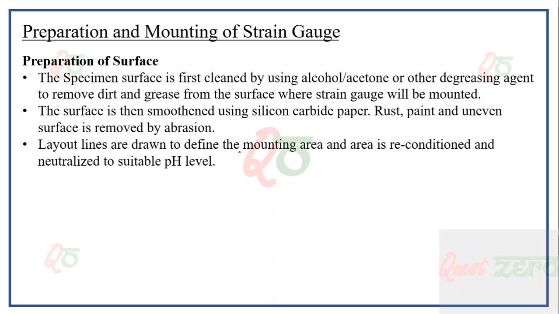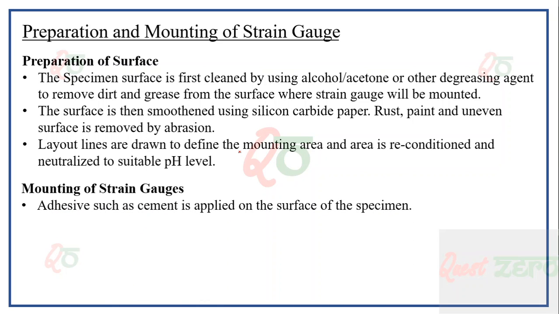Layout lines will be drawn, and if required, reconditioning with the same two steps and using a neutralizing agent to make a suitable pH level for the mounting of the strain gauge can be employed. Once these things are done, the surface is prepared and the strain gauges can be mounted.